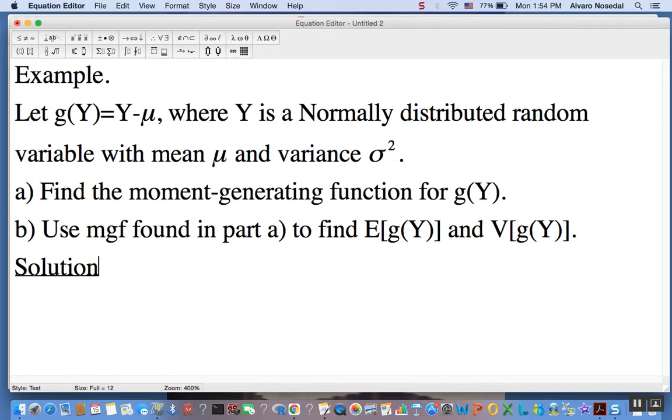Solution. First, just to make it clearer, let me define a new random variable w, which is going to be y minus mu. Okay.